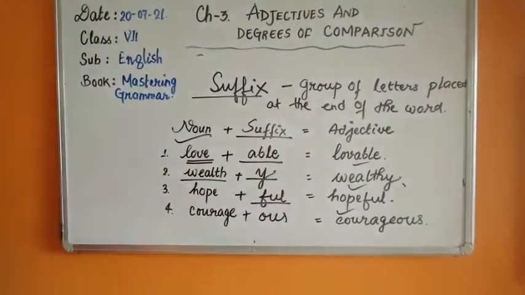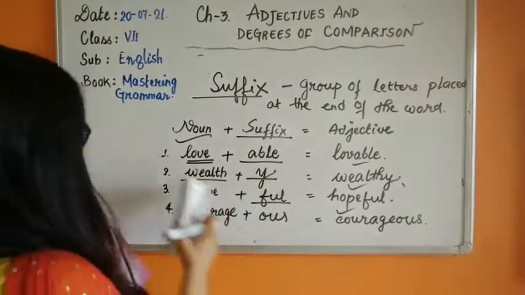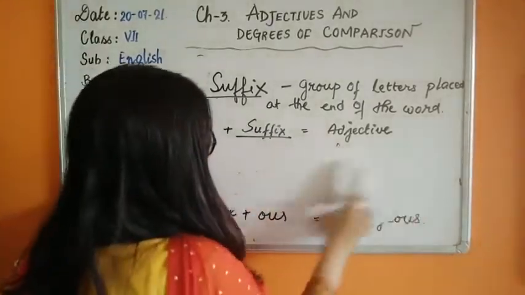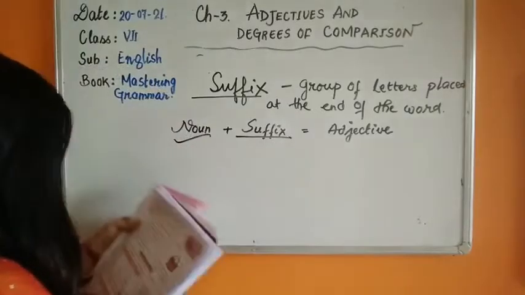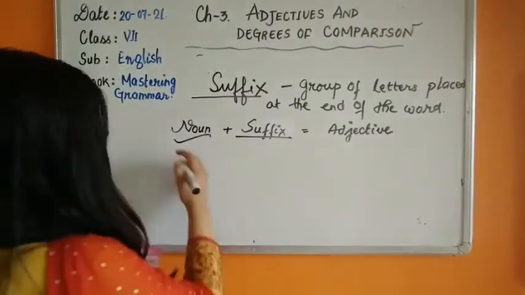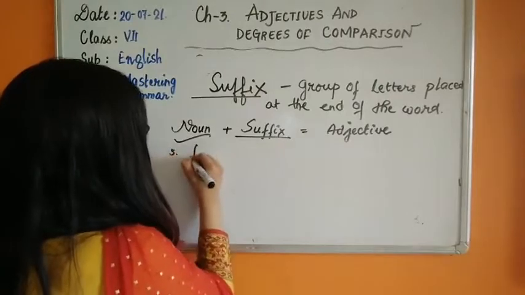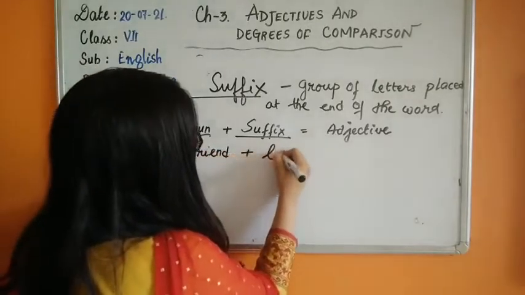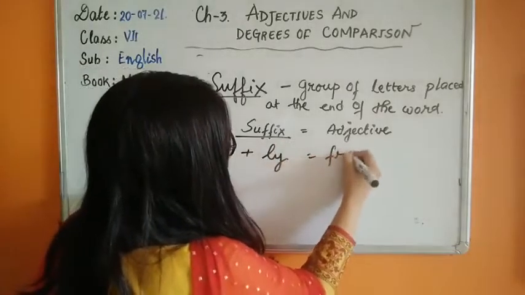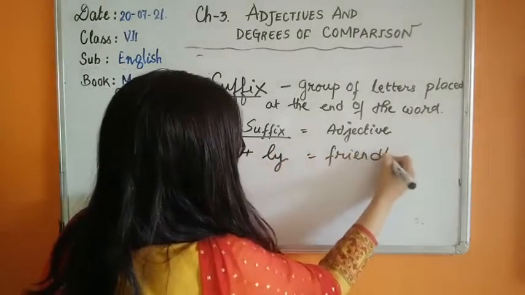Now let us look at some more words which can be turned into adjectives. Friend. Friend with the addition of the suffix ly becomes friendly. Okay.